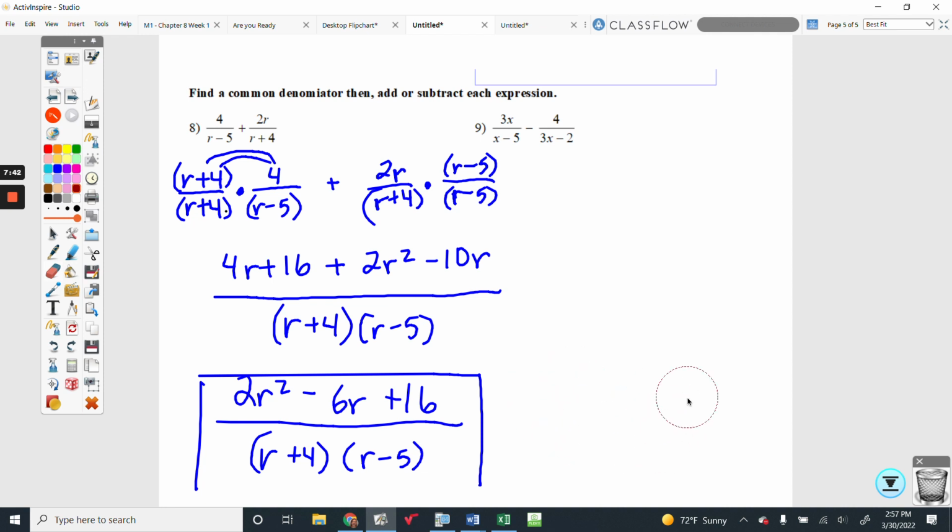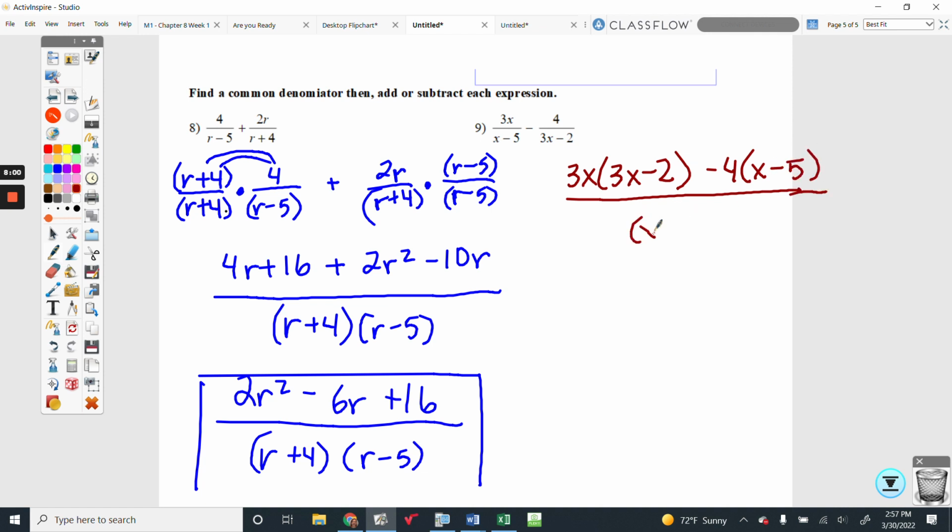These are the easier version of the trick. Let's see if we can do this one together for subtraction. So I'm going to have 3x times the denominator of the other problem, minus 4 times the denominator of the other problem. And then my two denominators are together, x minus 5 and 3x minus 2. Again, I did this step more quickly.